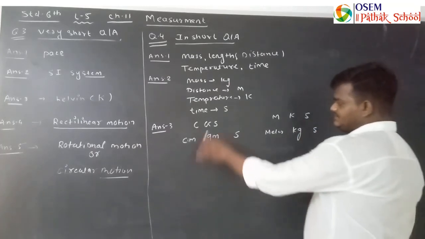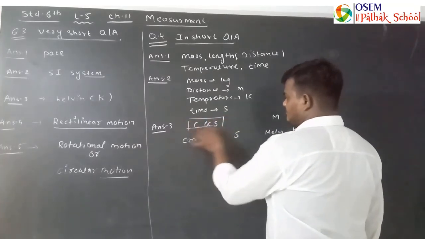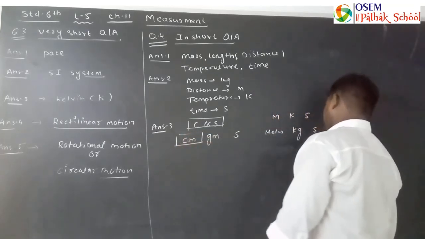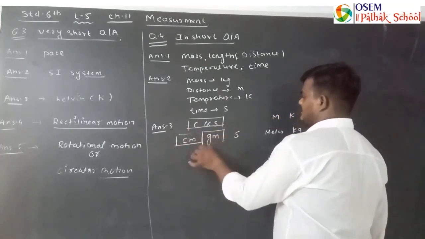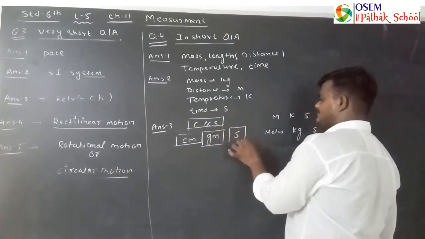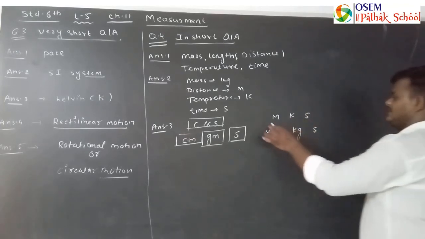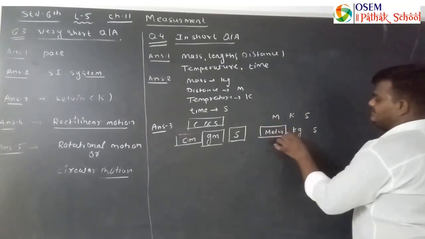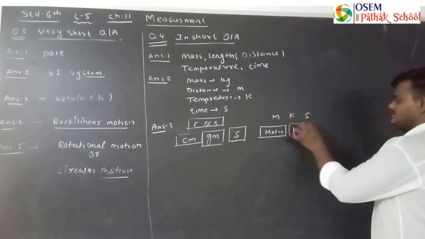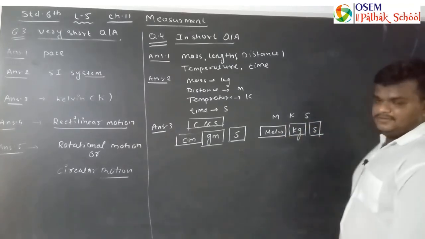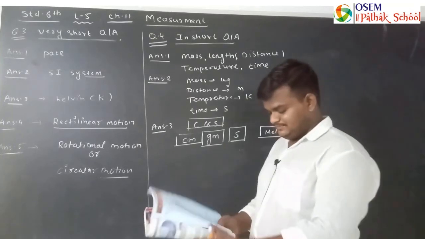So in the CGS unit, we measure length in centimeter, weight in gram, and time in second. While in the MKS unit, length is measured in meter, mass is measured in kilogram, and time is measured in second. So this is the answer of the third question.